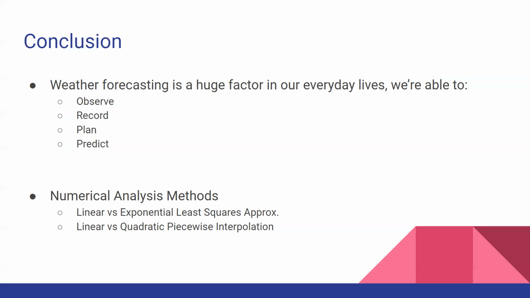Even though the quadratic piecewise interpolation is much more complex, the result is more accurate. And I think if you want to do a very concrete analysis for the weather, it's better to choose the quadratic piecewise interpolation.